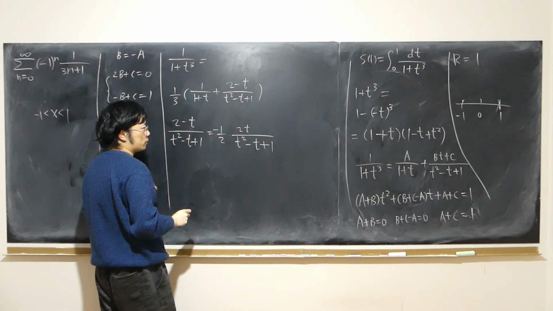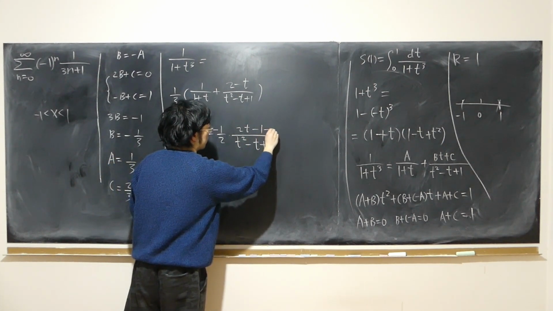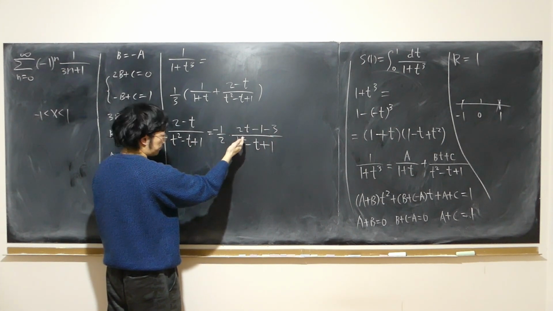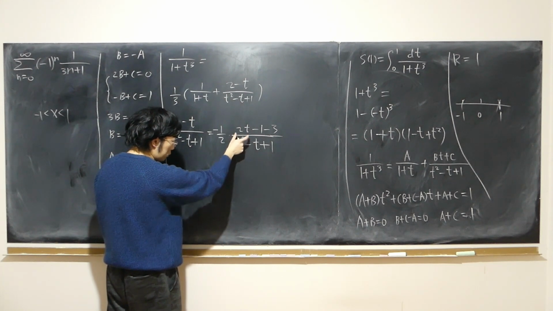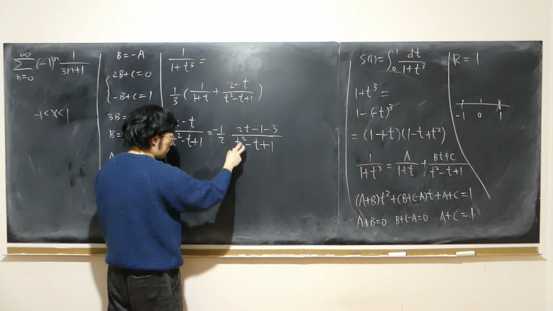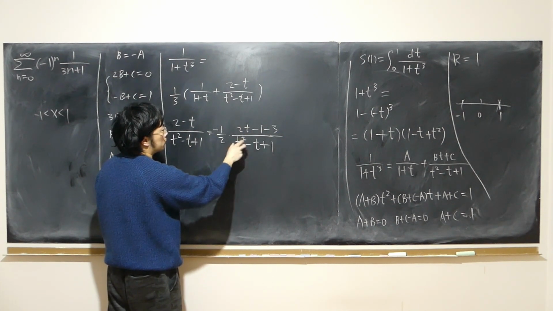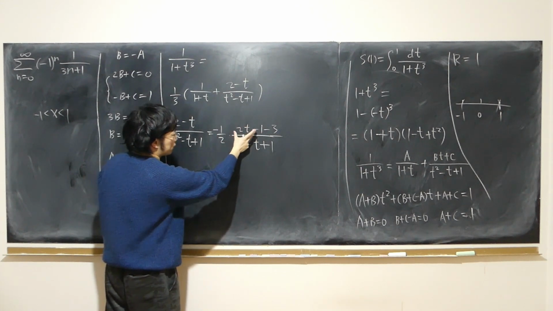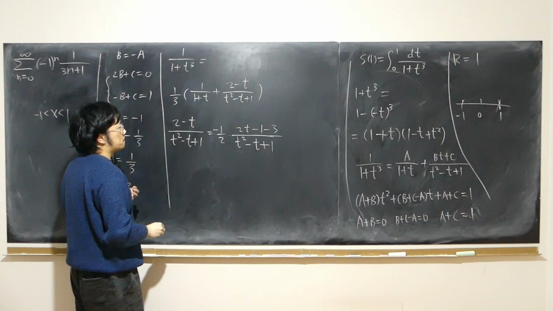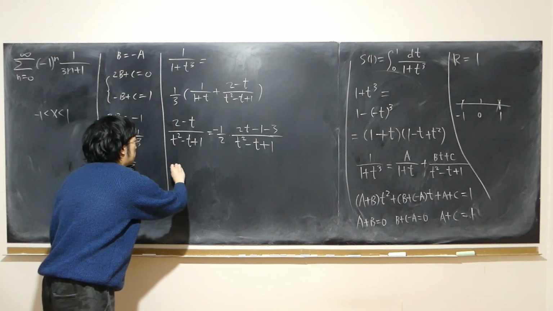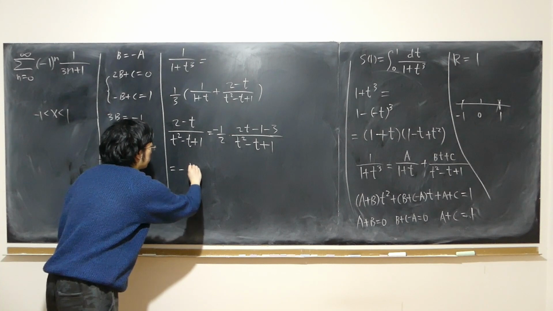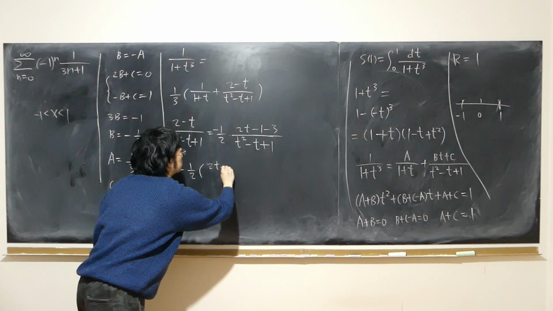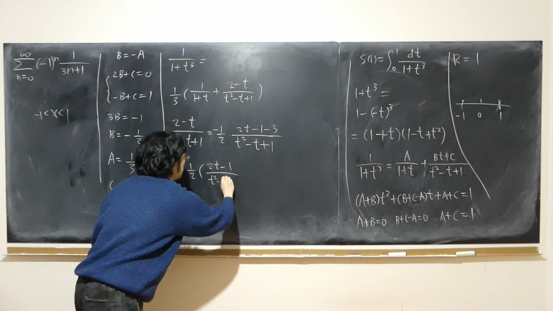Like I said, minus 4 can be written as minus 1 minus 3, so that way I can use my chain rule to verify. So it becomes 2t minus 1, yes. I can use log of t squared minus t plus 1 as my antiderivative. So I can just split this and that, which should be equal to negative half times 2t minus 1 over t squared minus t plus 1.